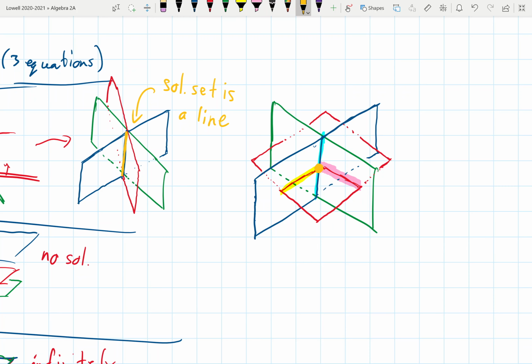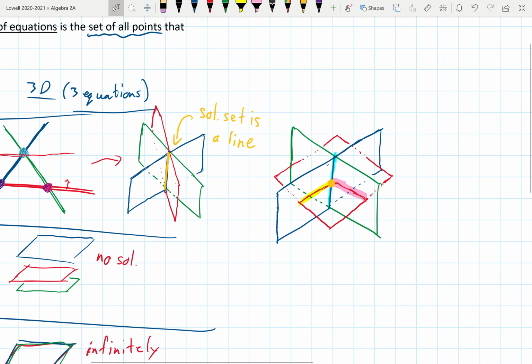And so you could have three planes where their solution is a line, as we saw previously, or you could have them oriented in such a way that the solution set is a single point right there. Oopsies.